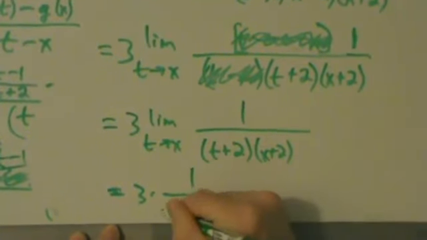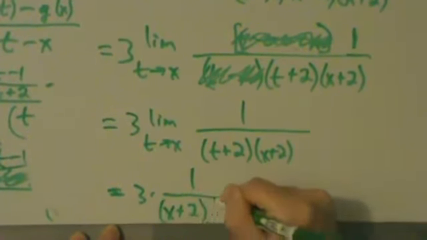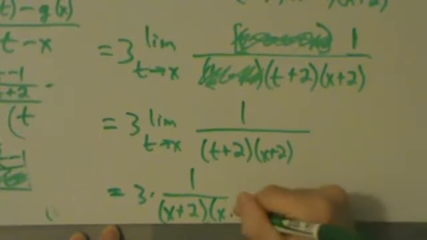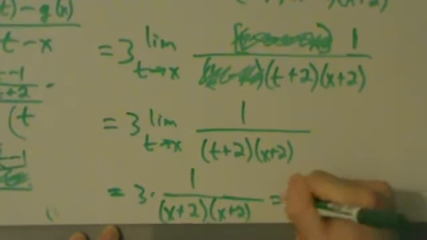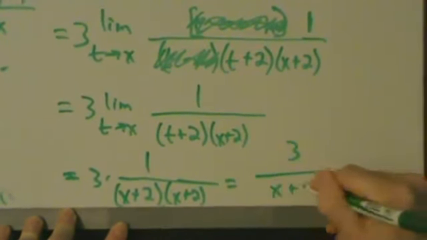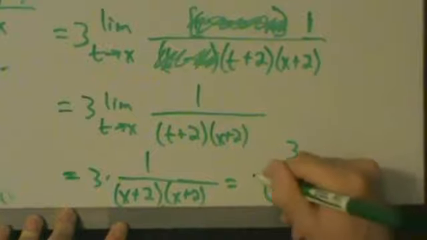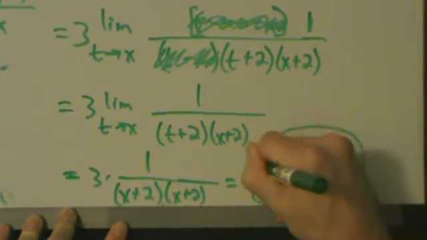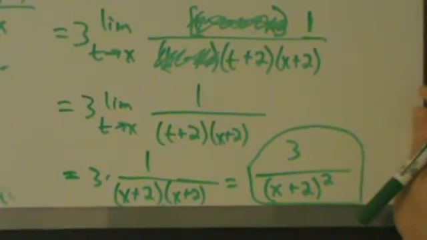So this is just going to be 1 over x plus 2 times this x plus 2 just stays as x plus 2. So then what we have is 3 over the quantity x plus 2 squared. And that's our derivative. That's g prime of x.